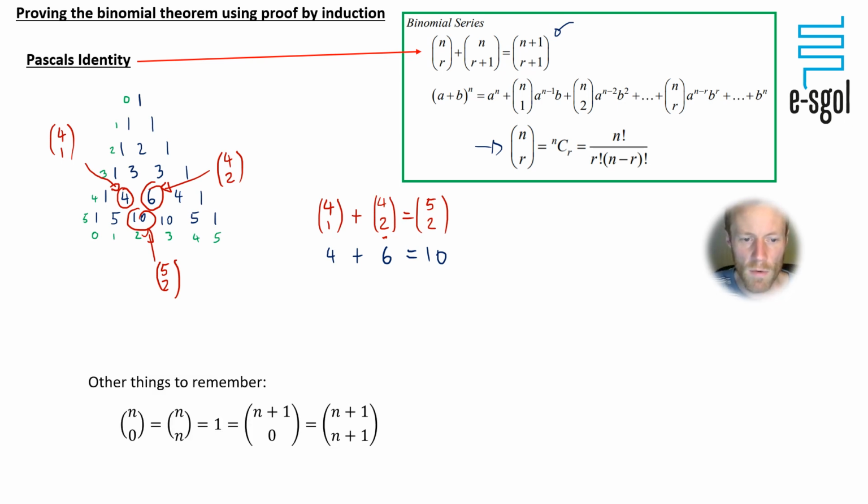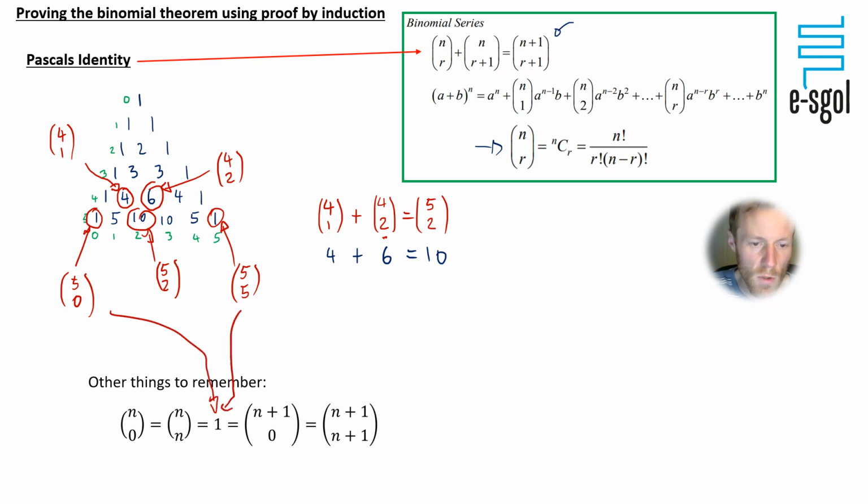Other things that we want to remember are when we are dealing with this bit here, this is 5, 0. This bit here, that is 5, 5. And both of those are both equal to 1.